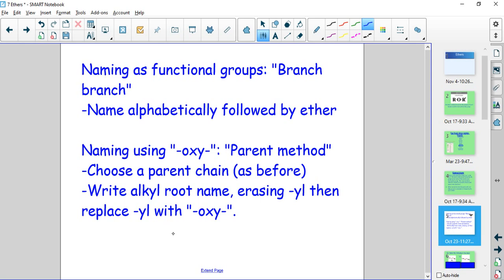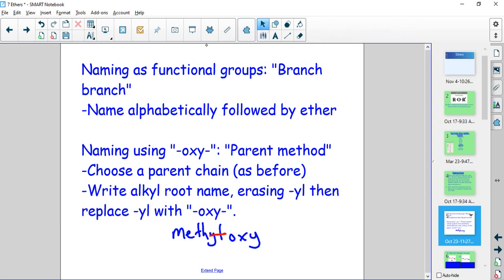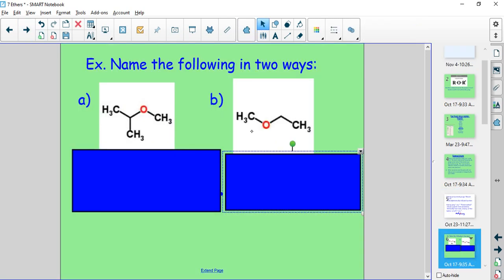So for example, if your alkyl group that is bound to an oxygen is, let's say, methyl, the name will change because you will remove the YL and you will add oxy to it. So the ether component of that compound would then be called methoxy. Again, that's all I want to say about this for now because we're going to dissect that by doing examples. So here are the first two examples.